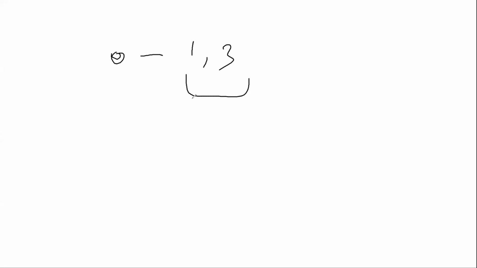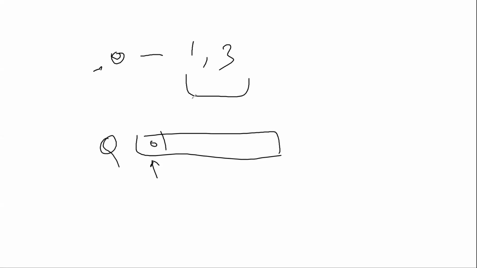Then I'll put 0 first in the queue. When I come into the while loop for the BFS approach, I pop this first from the queue. So I push 0 in this queue, and then I pop it out, and I have 1 and 3, correct?